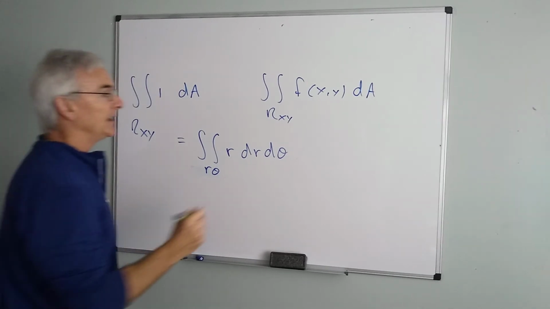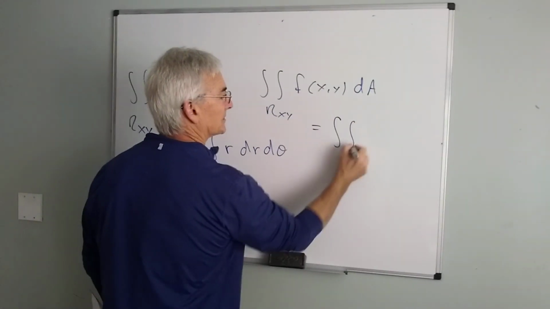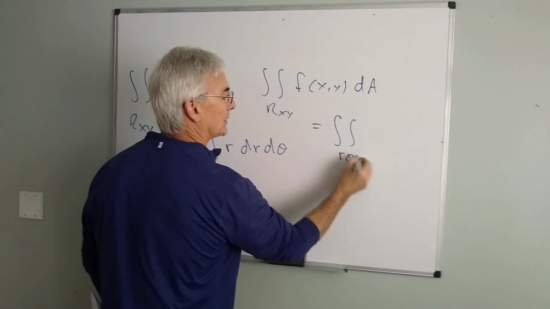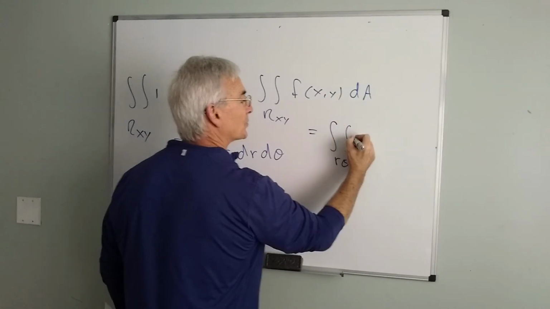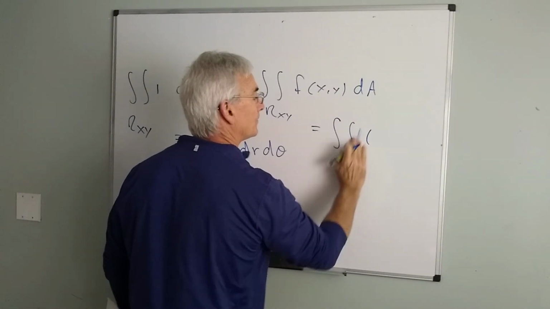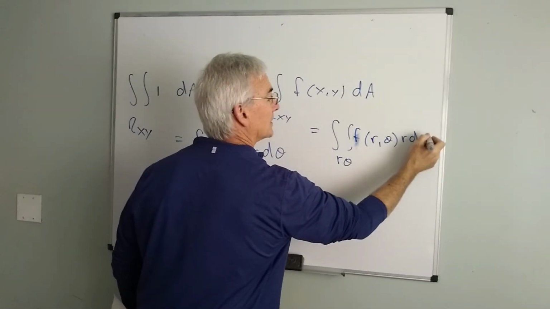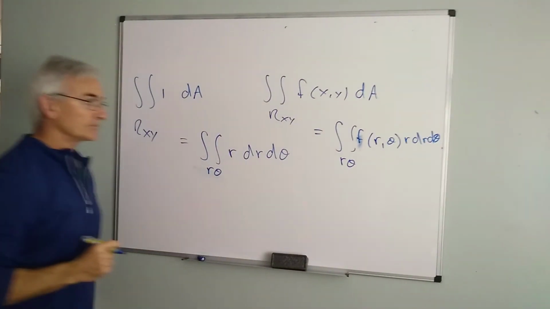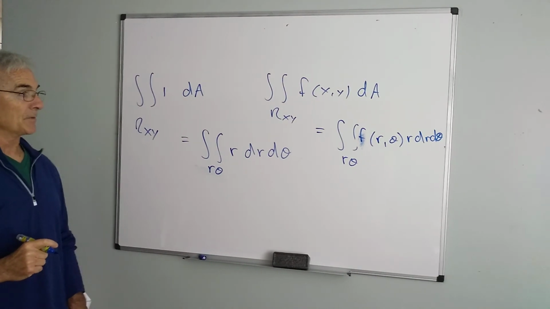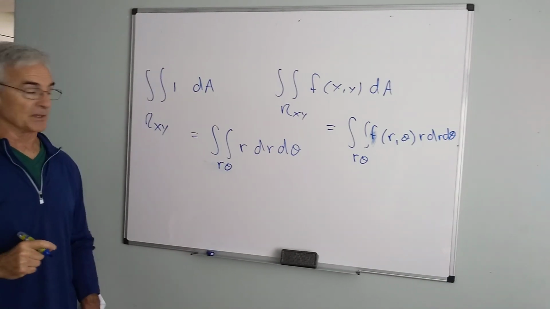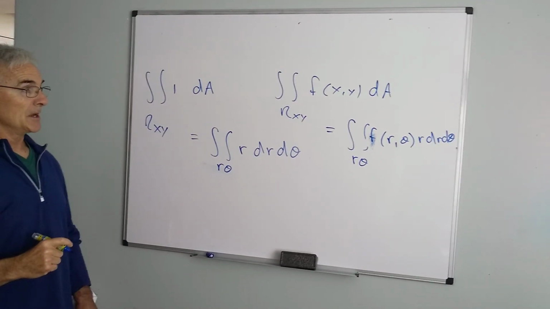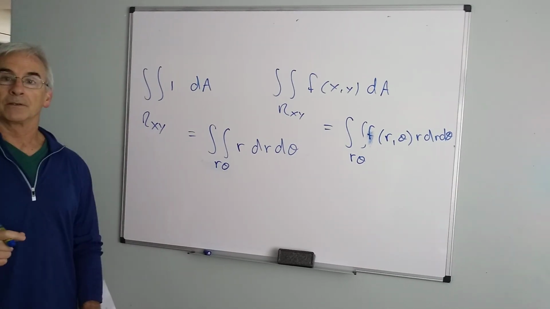This integration here would be the same as the double integral in the r theta world, but now this would be f of r theta times r dr d theta. Now I'm going to make a separate video with some specific examples, plus there will be examples in the notes. But this is how we convert to polar coordinates.